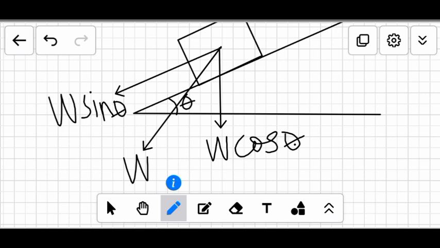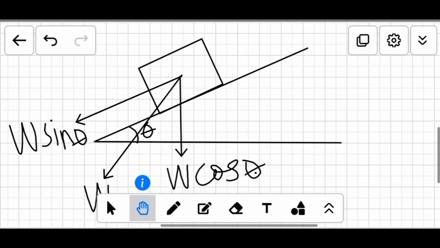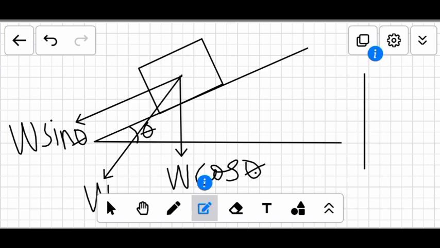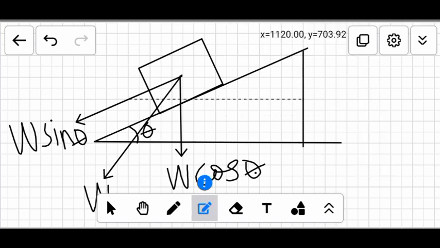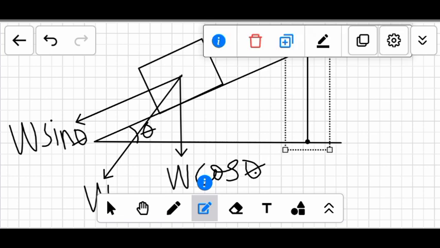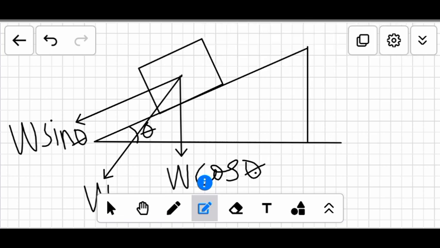This is so because you are actually taking the body through a height downward. So which force is responsible for taking it downward? It is the W sine theta. So taking it downward is more or less like traveling this height downward vertically. So we're going to represent it with the vertical component of force. So that is why the one that is parallel to the plane is W sine theta, while the one acting perpendicular to the plane is W cos theta.